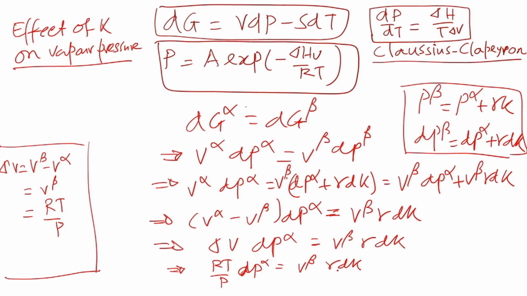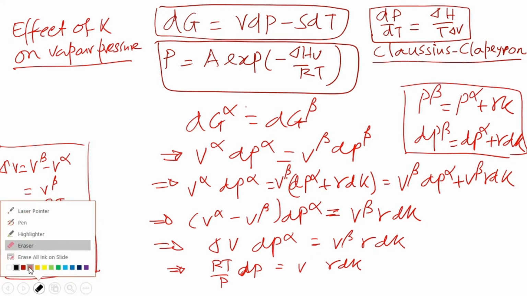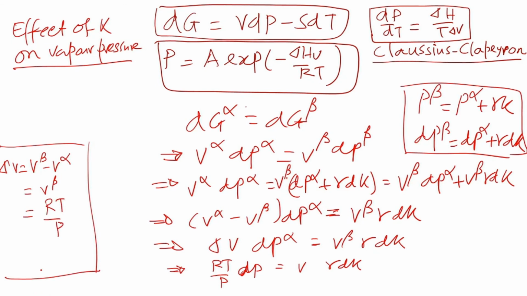For the sake of generalization, let us remove all the alpha and beta labels. They are no longer needed, because we are finally deriving equations in which everything is related to phases. So, what do you get if you solve this equation? Well, I will write down the final equation. You do it yourself at home.